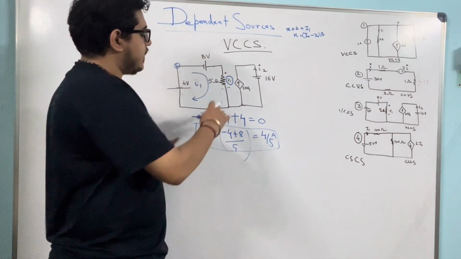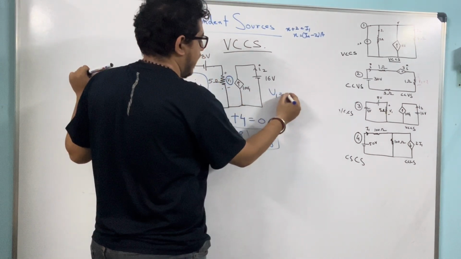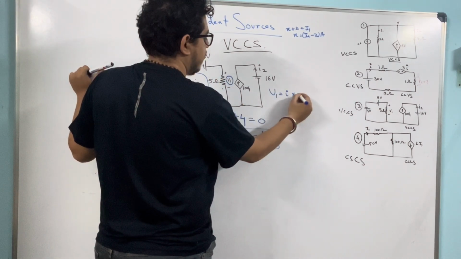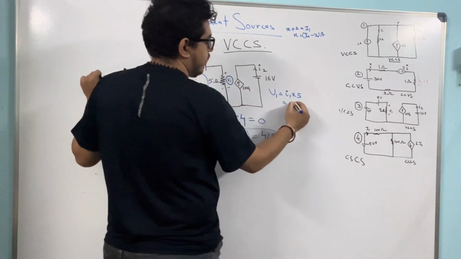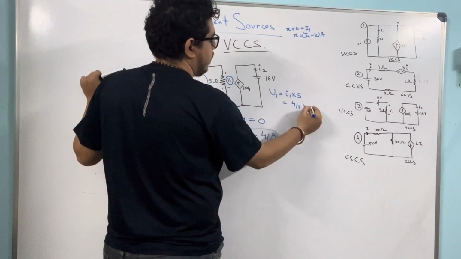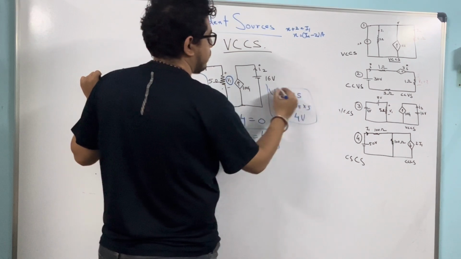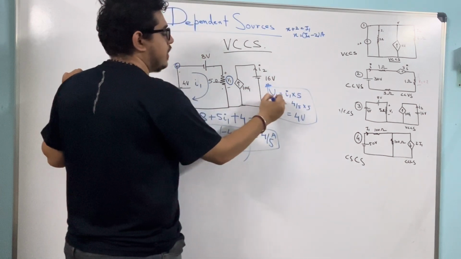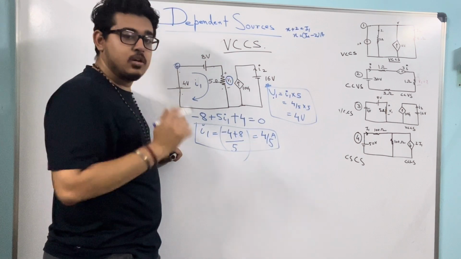What I actually need is the value of V1. V1 is nothing but I1 into 5. The value of I1 I got is 4 by 5, so 4 by 5 into 5 will be 4 volts. So now I know the value of V1. It's 4 volts.